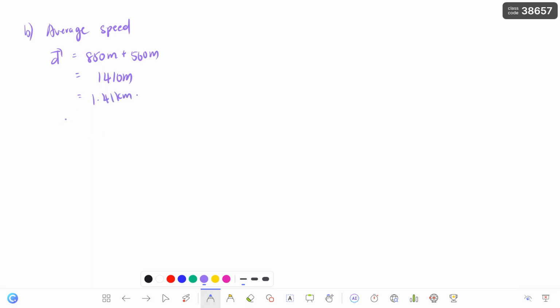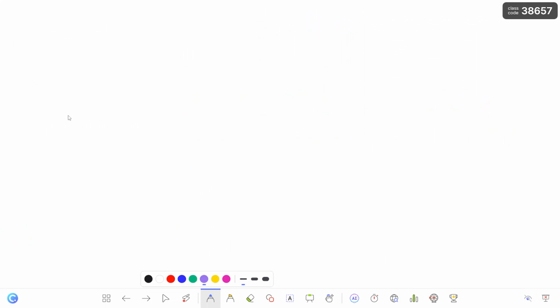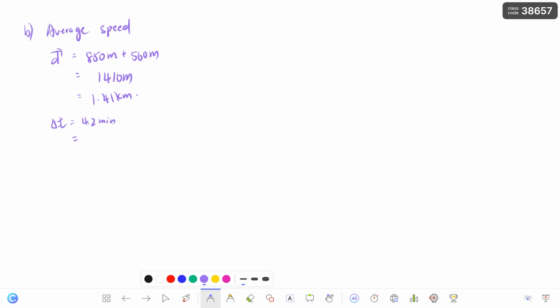And then the question says that the entire motion takes 4.2 minutes. So we know that delta t is 4.2 minutes. Since we usually express speed in km/h, we can convert 4.2 minutes into hours: 4.2 divided by 60, so it will be 0.07 hour.